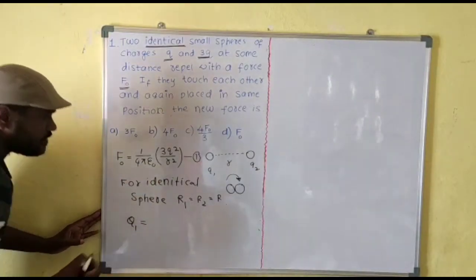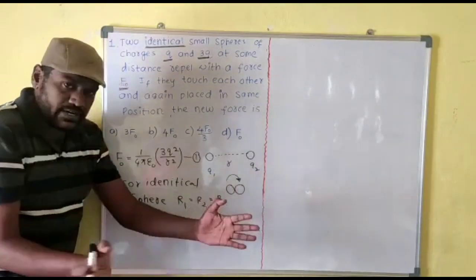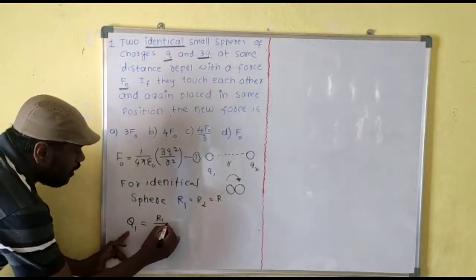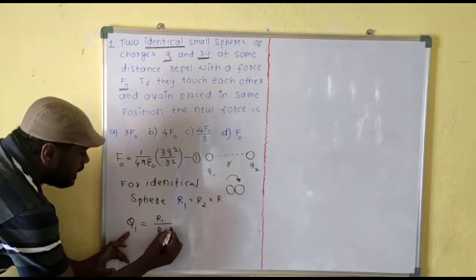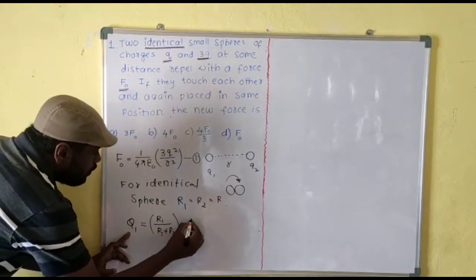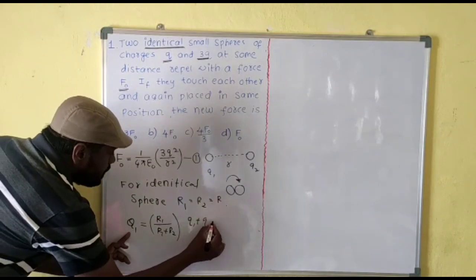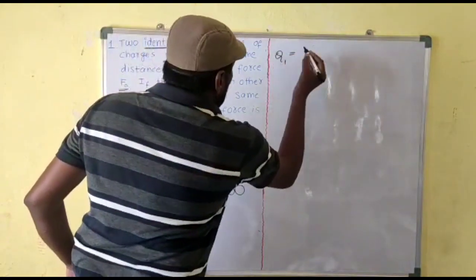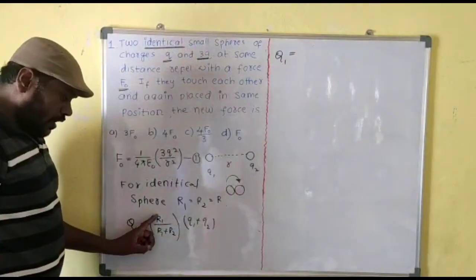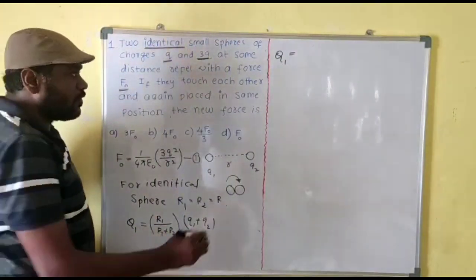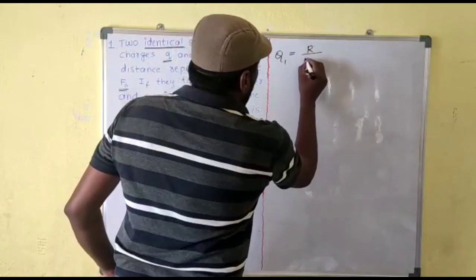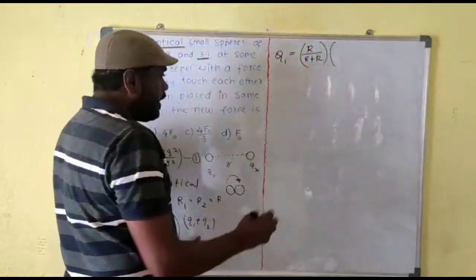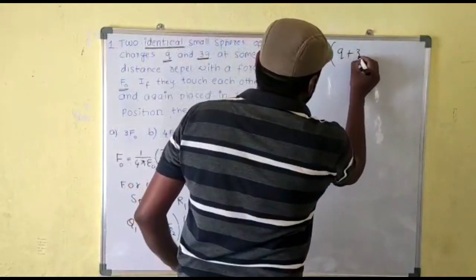The new charge on the first sphere, when these two spheres are touching each other, is given by the formula R1 by R1 plus R2 into Q1 plus Q2. This is the formula I have already given. Therefore Q1 is equal to R by R plus R into Q plus 3Q.